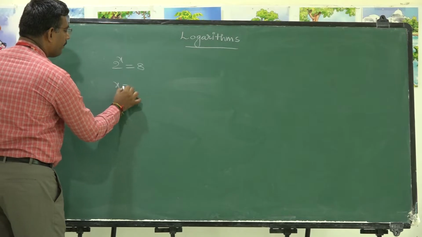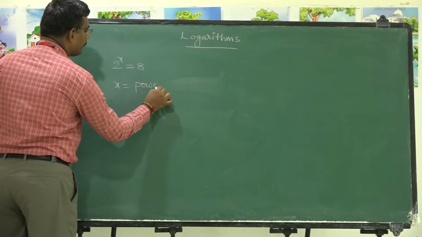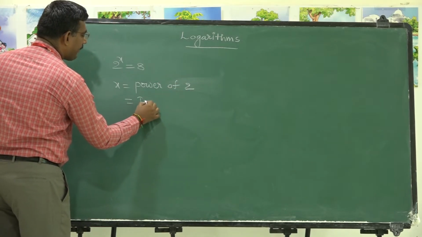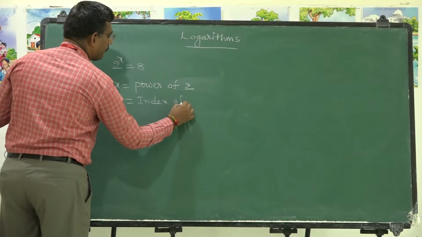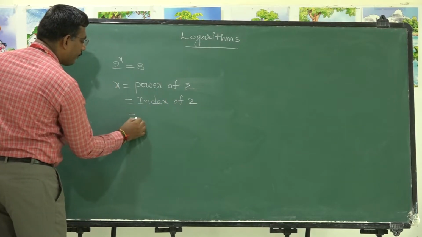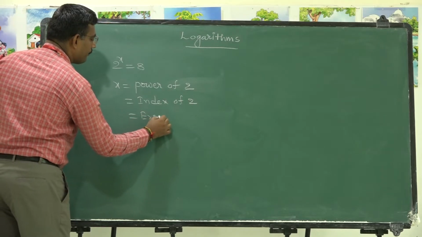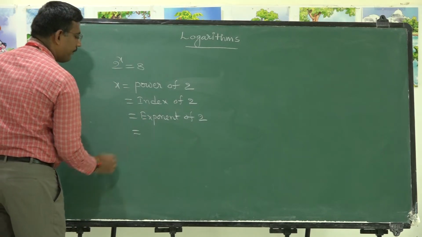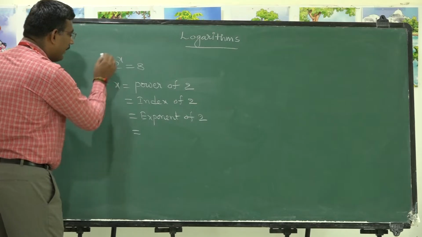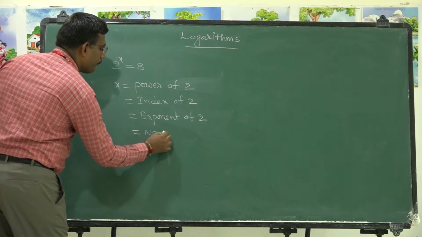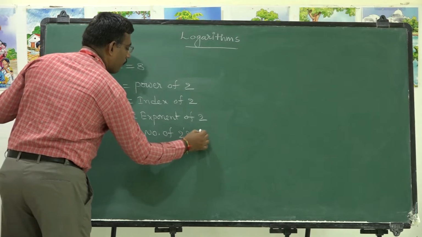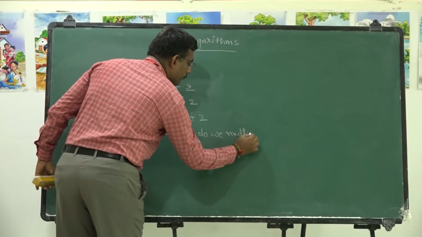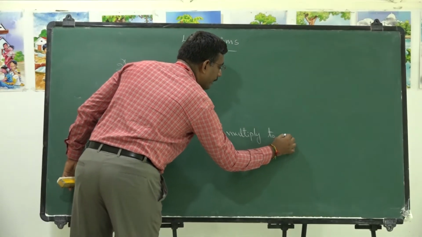x is called power of 2, or x is called index of 2, or x is called exponent of 2, or x represents the number of 2's we multiply to get 8.